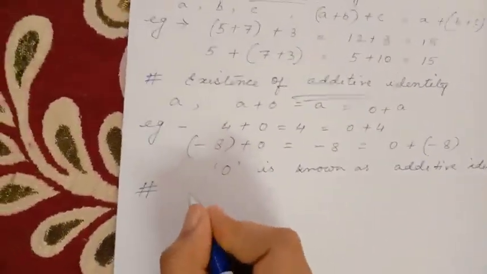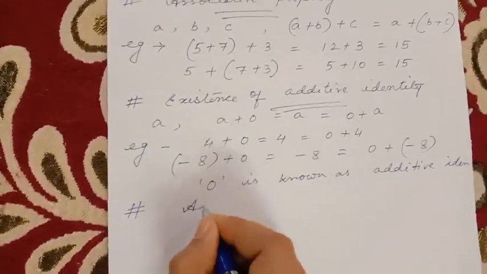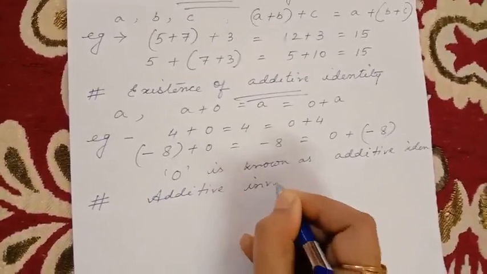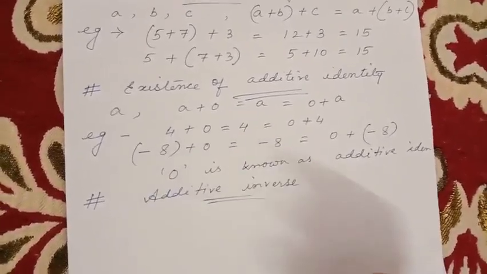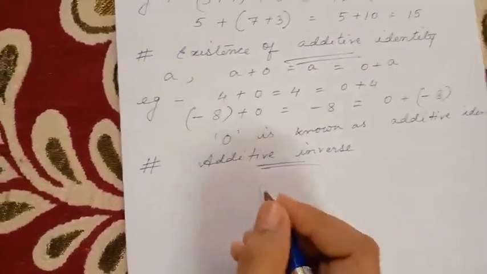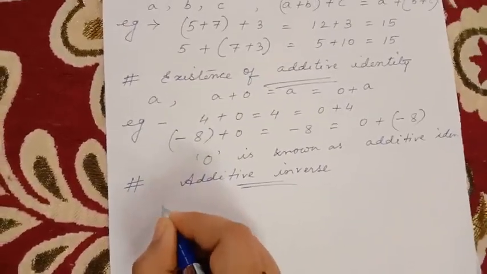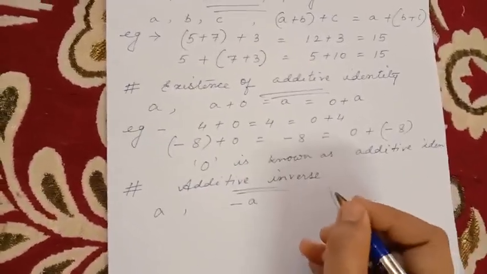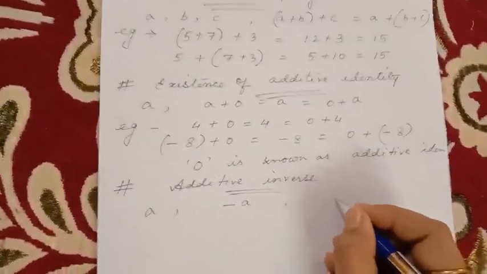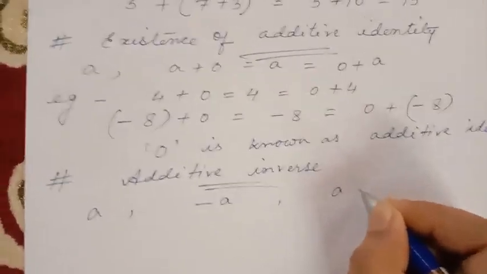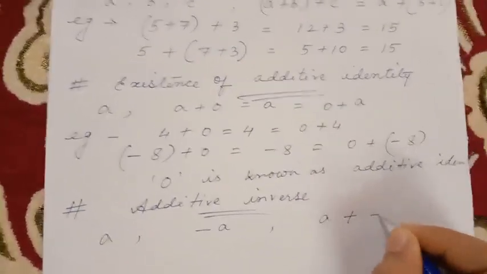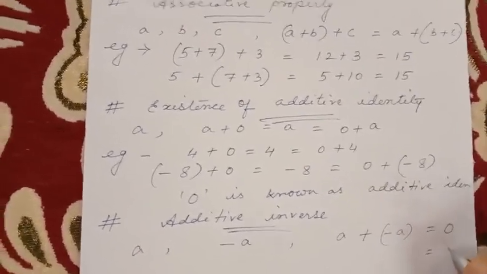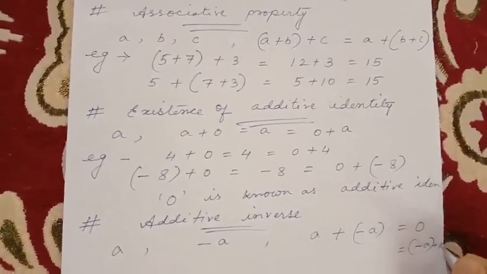Next we will discuss the additive inverse. Here for every integer a, there will be minus a such that a plus minus a will be 0, that equals minus a plus a.